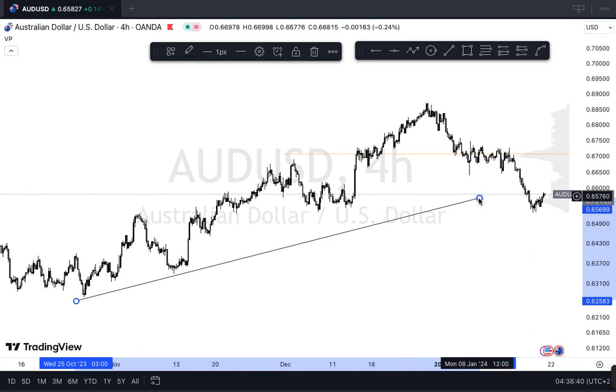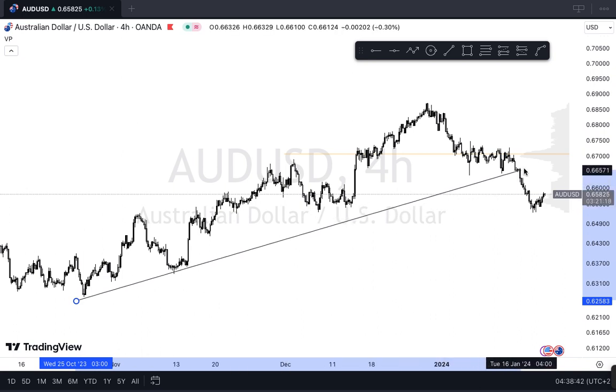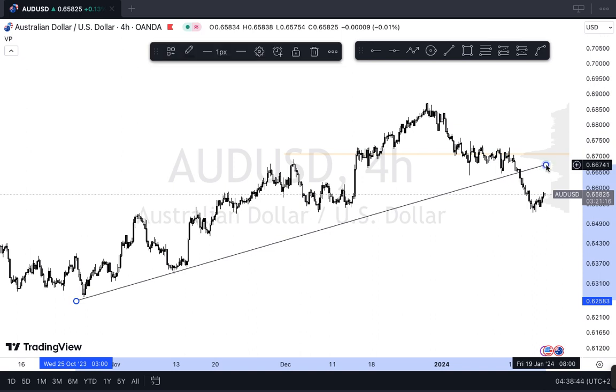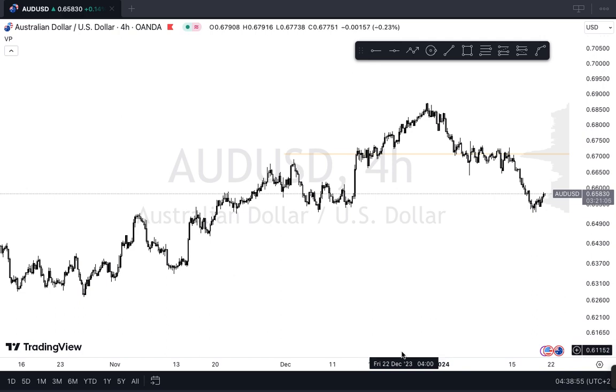If you are using trend line analysis, we broke structure on H4, you understand. So let's get to our analysis.